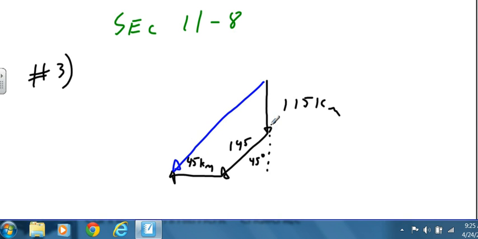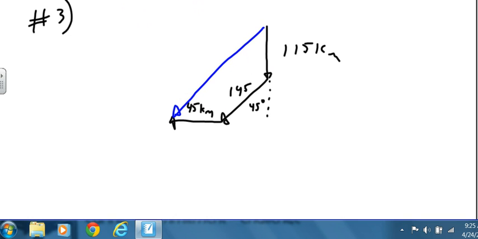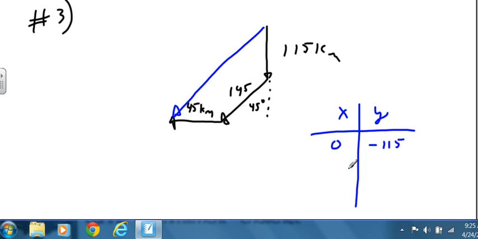Now, yesterday we would have gone and used trig to do it, right? But this time all we're going to do is look at the x and y components. So I say I got minus 115 for the first guy, 0 for there. This guy is going to be minus 45, 0 for there.